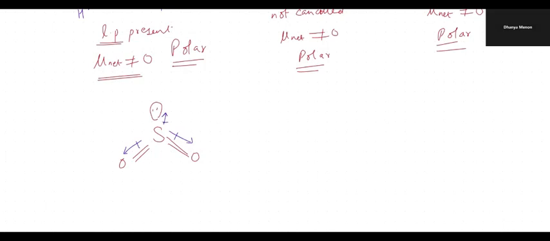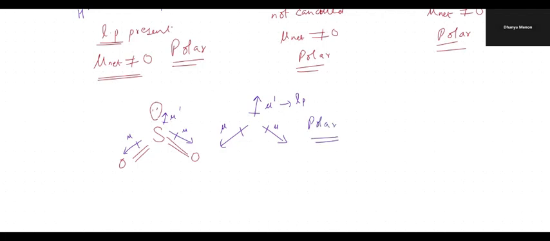This is mu dash. Here, although we feel that the dipoles are getting cancelled, all three of them are in different directions, on opposite directions. We feel that they might get cancelled, but we saw before that mu dash is not the same as mu and mu, because mu dash is because of what? Lone pair of electrons. So that is why this molecule is also polar, just to bring about the difference.